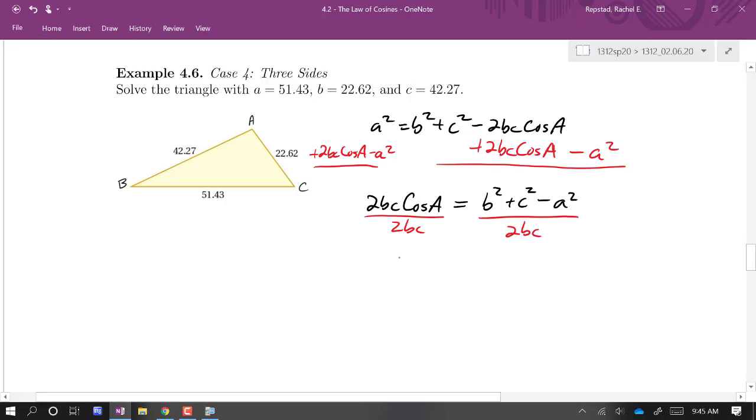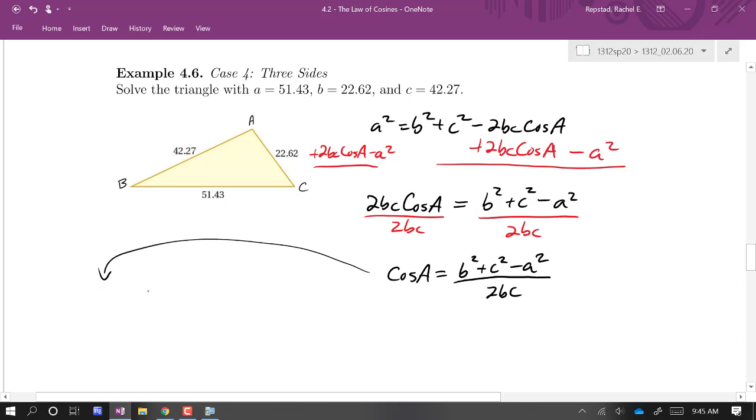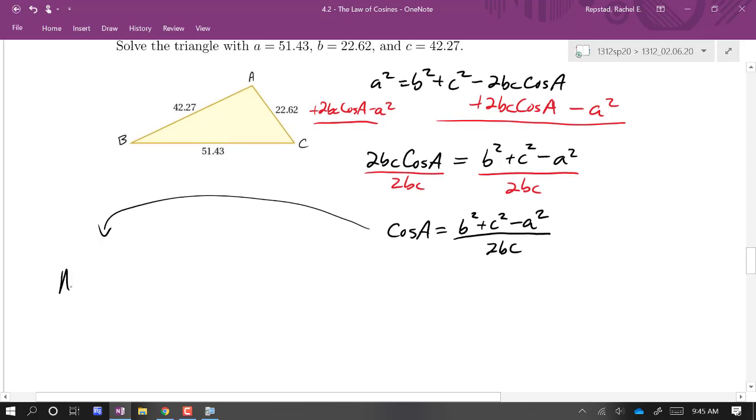So cosine of A is b squared plus c squared minus a squared over 2bc, and that means that A is arc cosine of that fraction.